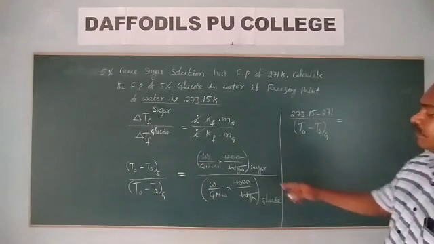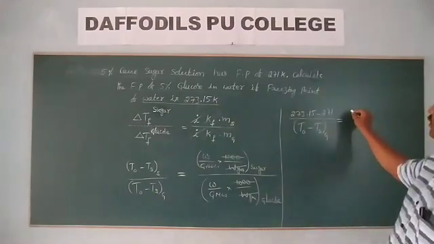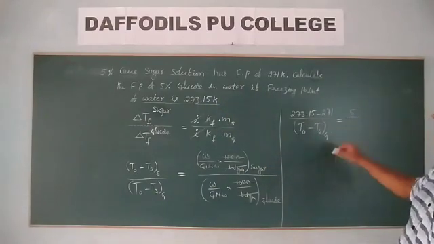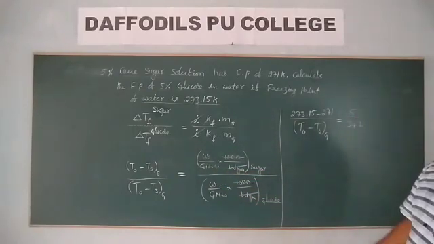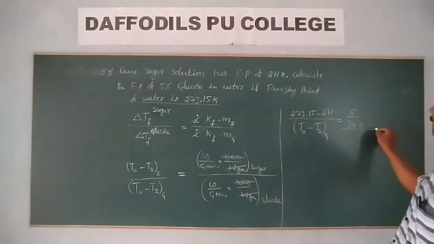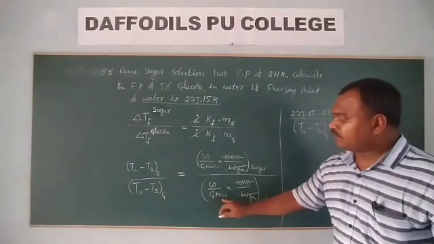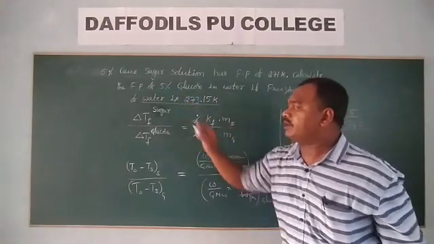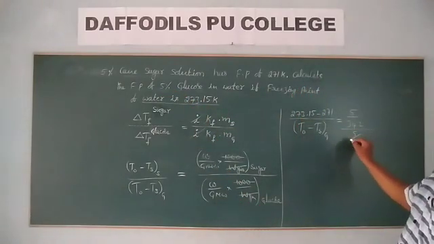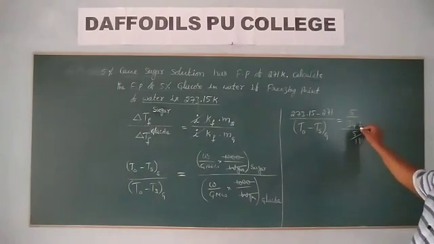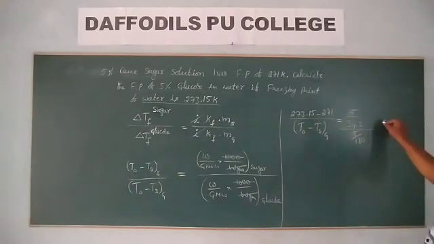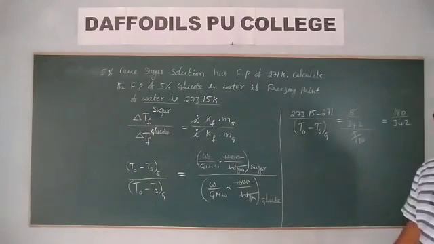Weight of glucose, weight of sugar: 5% of sugar is then 5 by gram molecular weight of sugar 342, by weight of glucose. Again, this one also 5%, 5 by gram molecular weight of glucose, 180. This 5 gets cancelled. So we get 180 by 342.